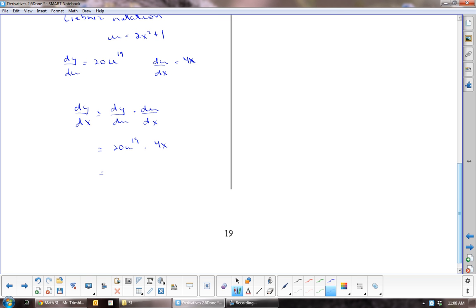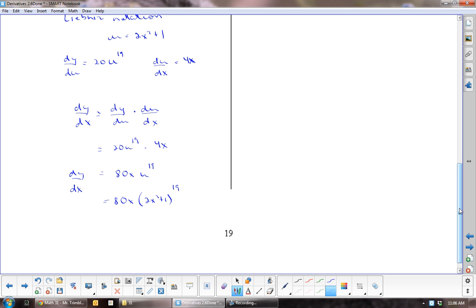So dy over dx would equal 80x u to the 19. Now if you look up above, what is u? 2x squared plus 1. So this equals 80x times 2x squared plus 1 to the 19.